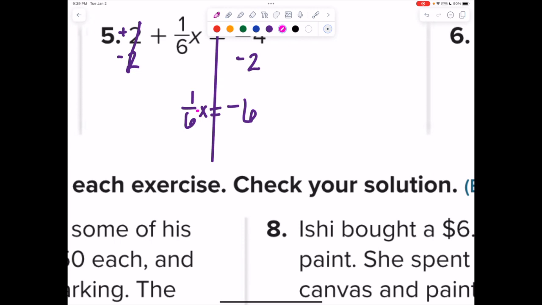How do I get rid of that? Well, we divide by 16, but we don't divide by fractions, right? We multiply by the reciprocal. So we're going to multiply by 6 over 1, multiply by 6 over 1. I can just keep it 6. That cancels out, and we are left with x equals 36. Is it positive or negative? Negative times positive is a negative.